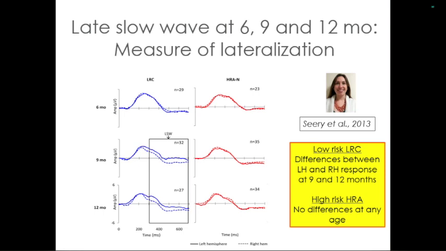But in contrast, we don't see any difference between the left and the right hemisphere in our high-risk babies. And this shows that for this particular task, where lateralization emerges by 9 months, we are not seeing that left hemisphere advantage in processing language in infants at high risk for autism.